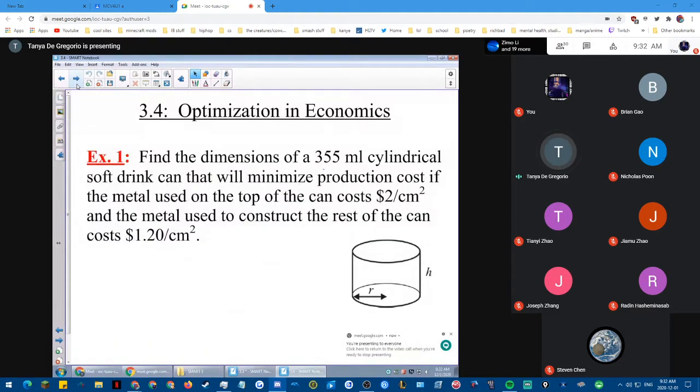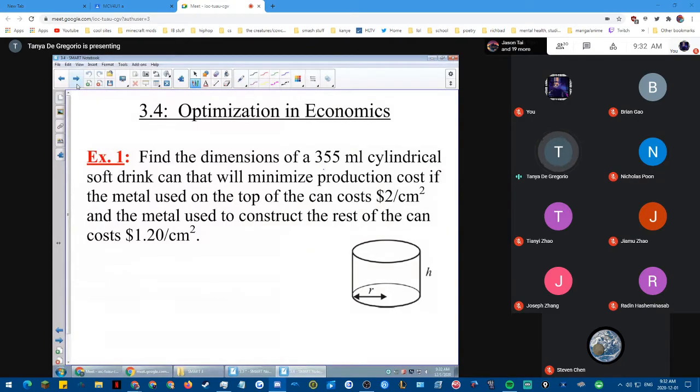Now we're going to move to 3.4. Example 1.